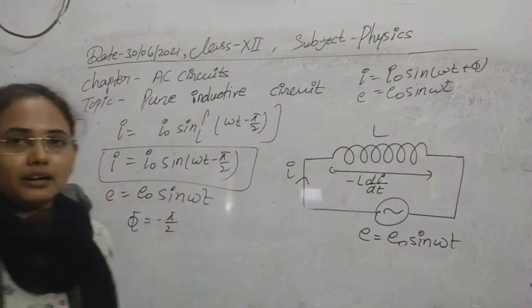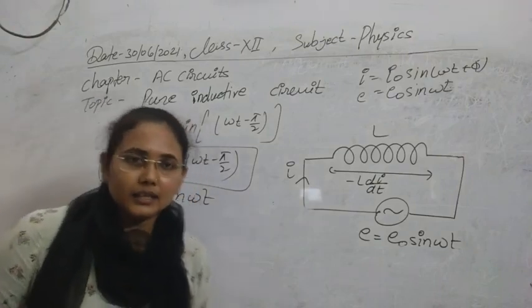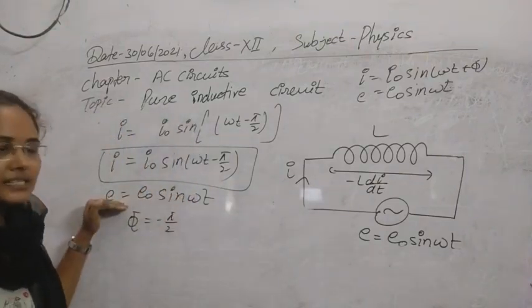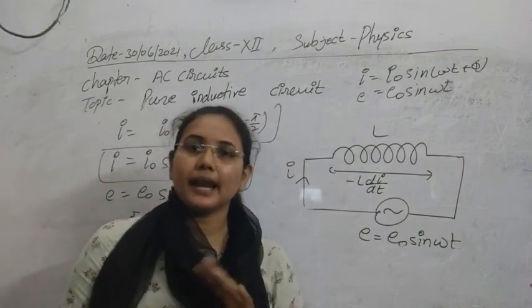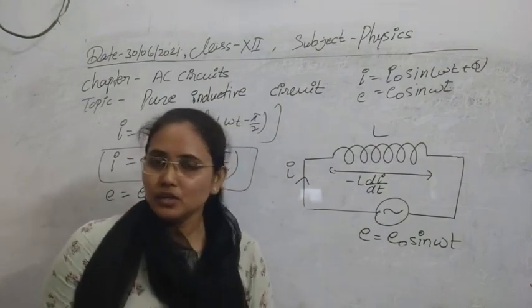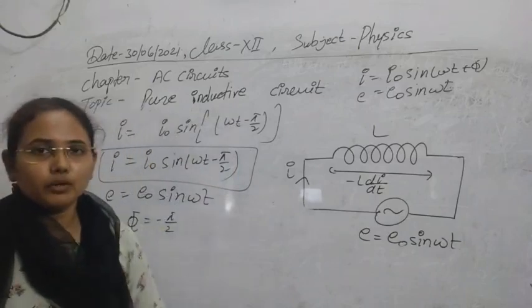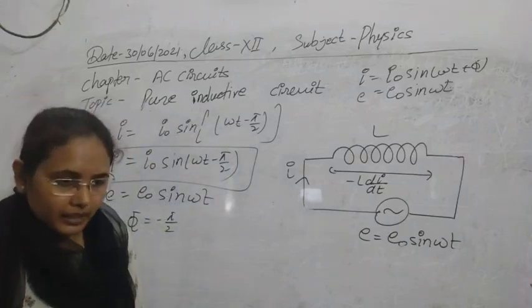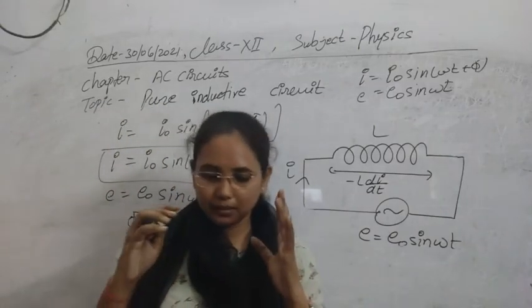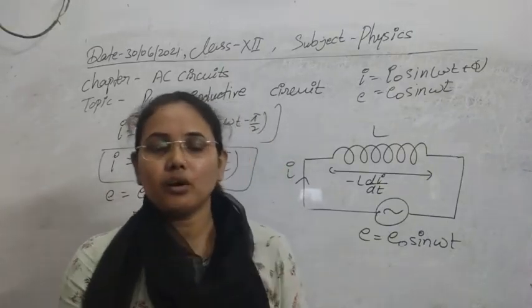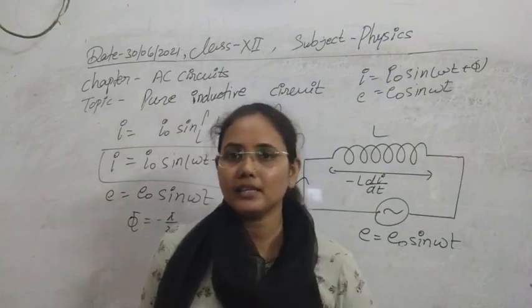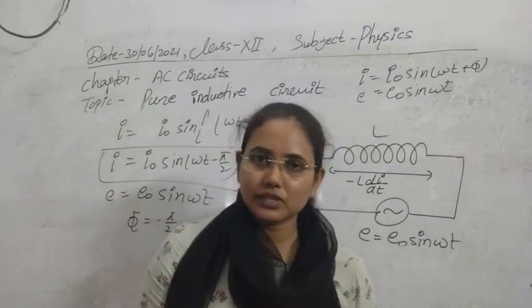It means that our current is now lagging the alternating voltage, means the alternating voltage is ahead by pi by 2. So the phase angle between current and voltage will be pi by 2. So there is some change in time for the motion of the alternating current and voltage in the case of a pure inductive circuit.